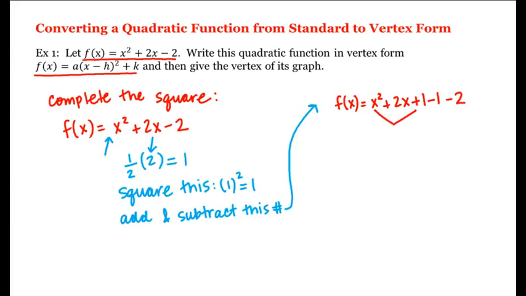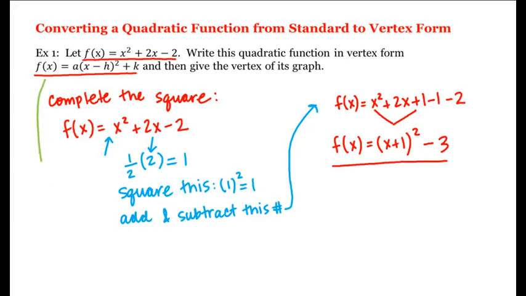Now these first three terms will combine to give us a perfect square, namely (x plus 1) squared. And then we have minus 1 minus 2, which is minus 3. And so we've written our function in vertex form.